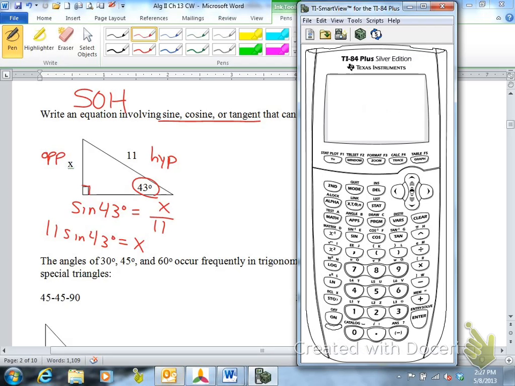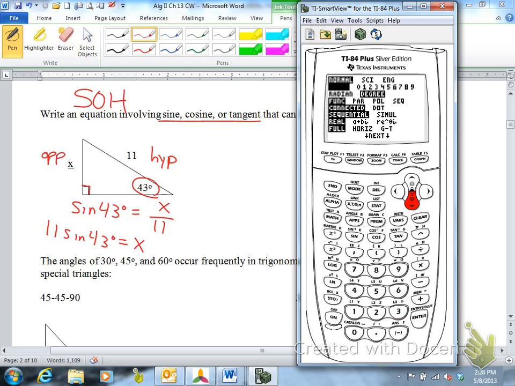On your calculator, you're going to type 11 sine 43, and be really careful that your calculator is in degree mode. Your calculator has two different modes. One's called degree mode, which is what we want. The other is called radian mode. Radian mode we'll talk about tomorrow. But if you go right here on mode, it should be highlighted on degree. If it's not, then you have to fix it.